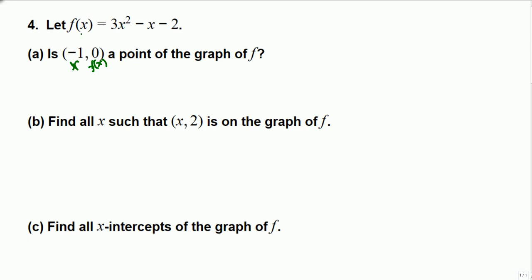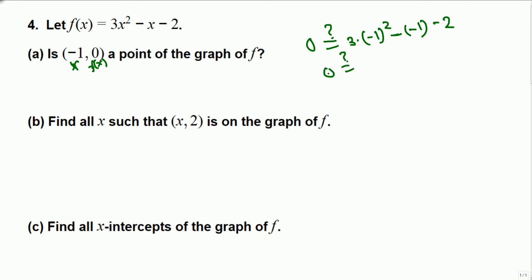Okay, so f(x) is 0, so is 0 equal to the right hand side, so that's -1. So 3 times (-1) squared, minus x, minus (-1), minus 2. Let's try.